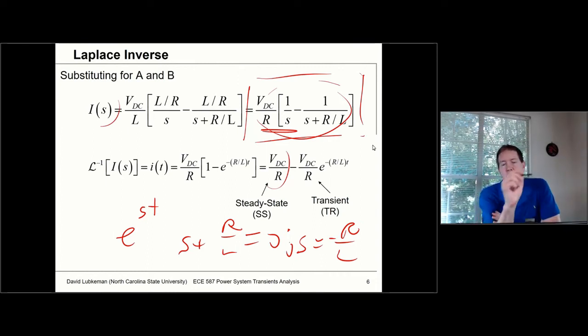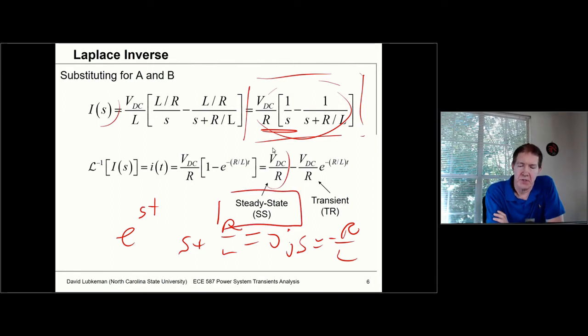And so what we see from here is we actually have two parts to this solution. There's a steady state part, which is the VDC over R, and there's a transient part, which is the minus VDC over R times e to the minus R over L times t.